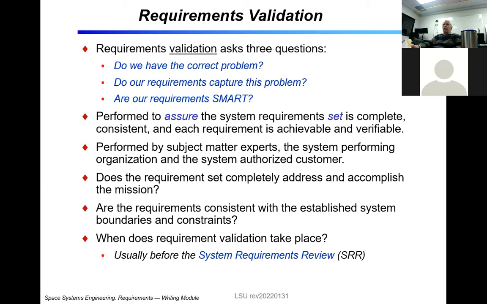And that validation, this slide talks about that validation. Do you have the correct problem? Do our requirements capture this problem? Are our requirements smart? Okay. And so it goes through to try to see whether or not your system requirements are complete.